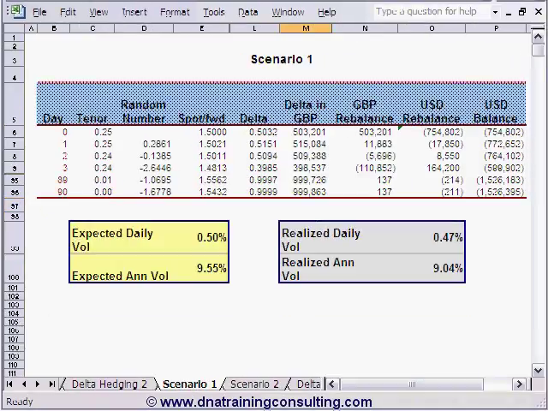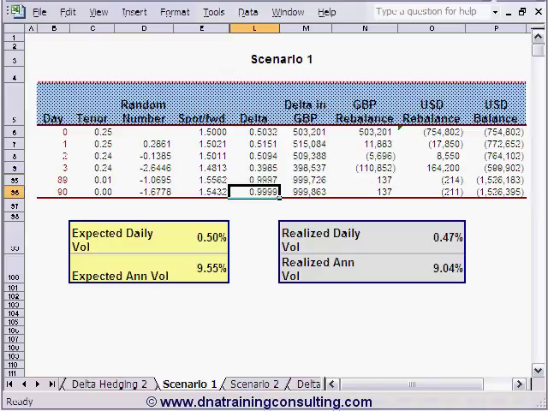So under scenario 1, which appears on a worksheet called scenario 1, the option appears to have ended after another randomly generated number process. This option in this case appears to have expired in the money, spot being above the strike, and as we can see, its delta has reached virtually 1.